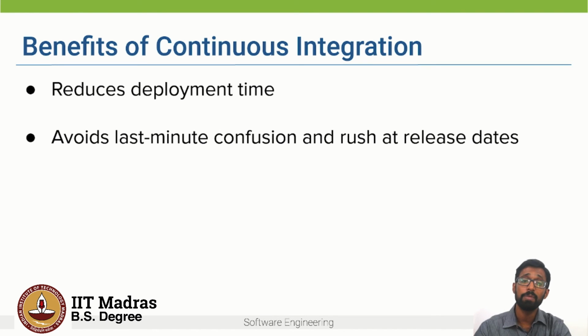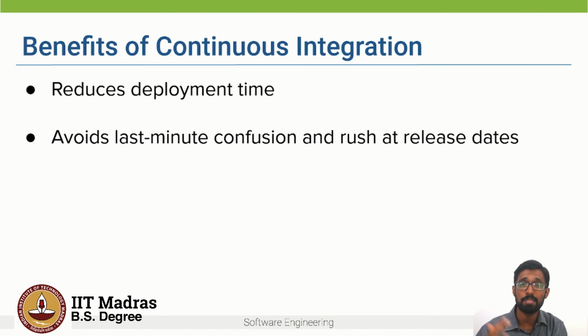Now, the second benefit is that it avoids the last minute rush at release dates. Let's say a release date is coming up, where the team has to show some new feature to the client, and the developers have not committed their code in weeks or even months. And all of a sudden, close to the deadline, they start committing their code. Do you see what problems will arise?